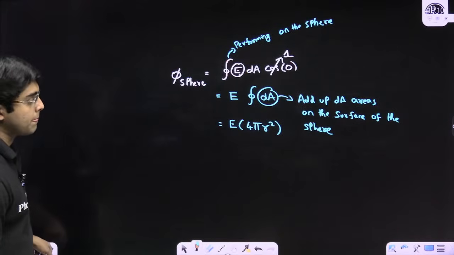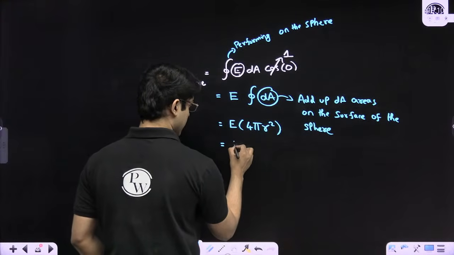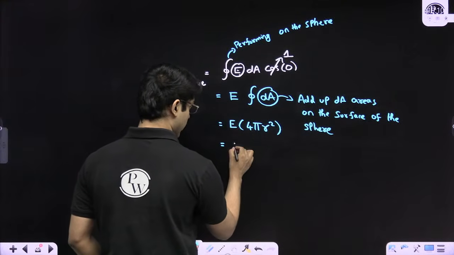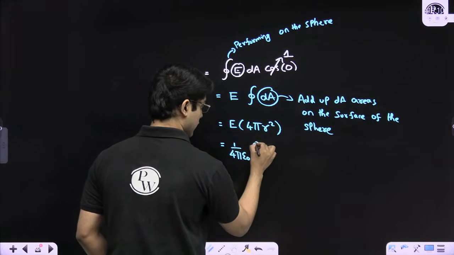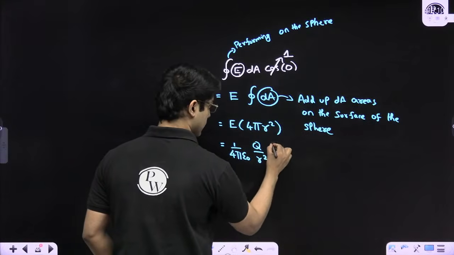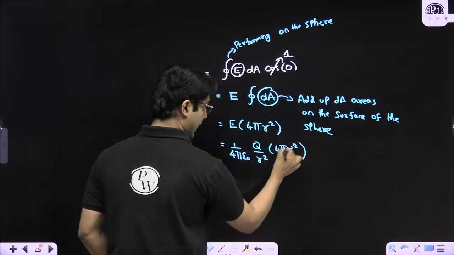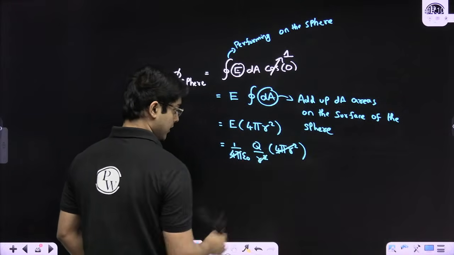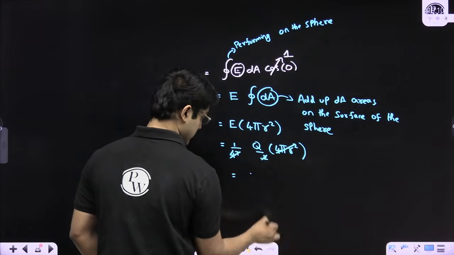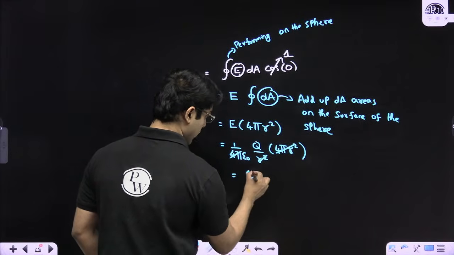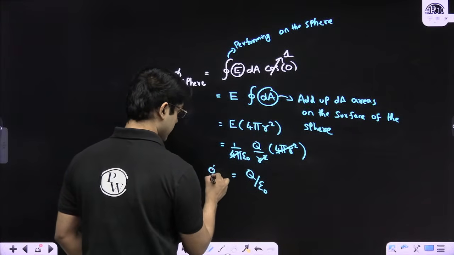So if I substitute that here, instead of K, I'm going to write 1 by 4 pi epsilon naught, Q divided by R square, multiplied with 4 pi R square. So you can cancel out the 4 pi R square, right? And the beautiful thing here is that the total flux is coming out to be Q by epsilon naught, and it has nothing to do with the radius.